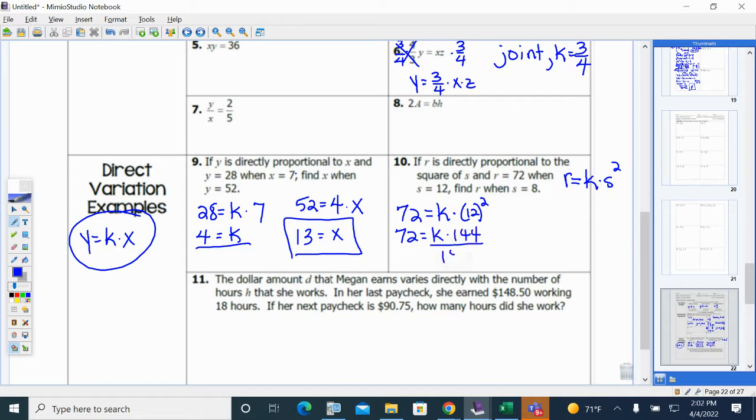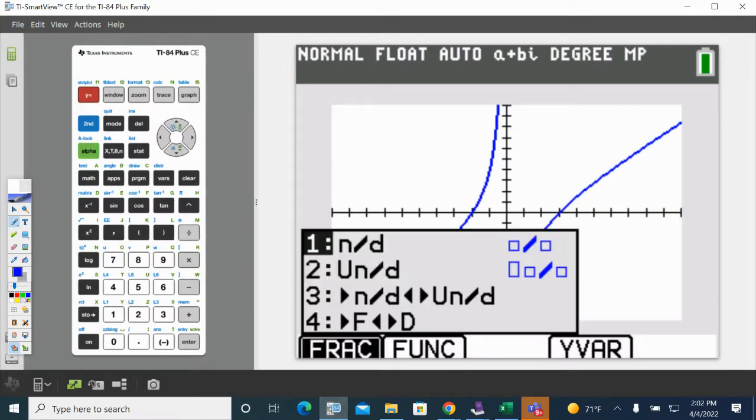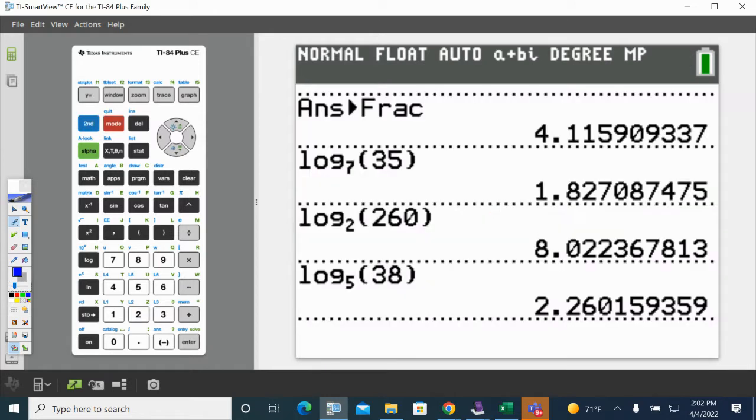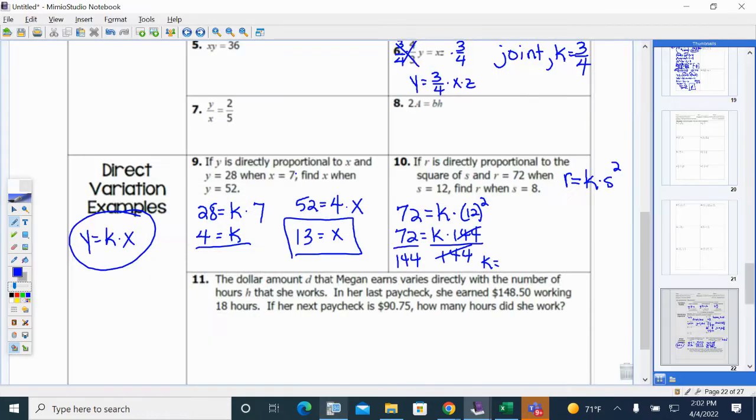Divide by 144, and we're gonna get k is equal to 72 over 144, which is one half. So k equals 1/2.